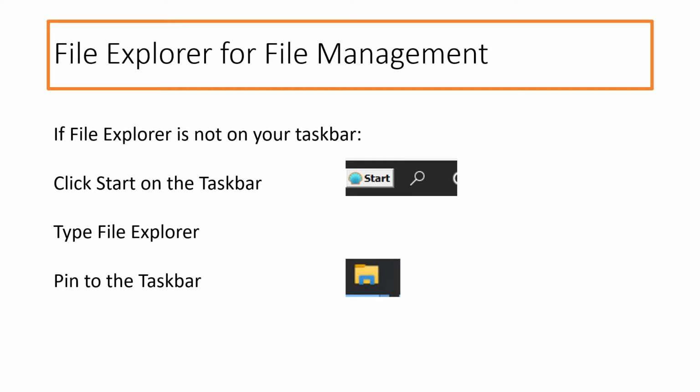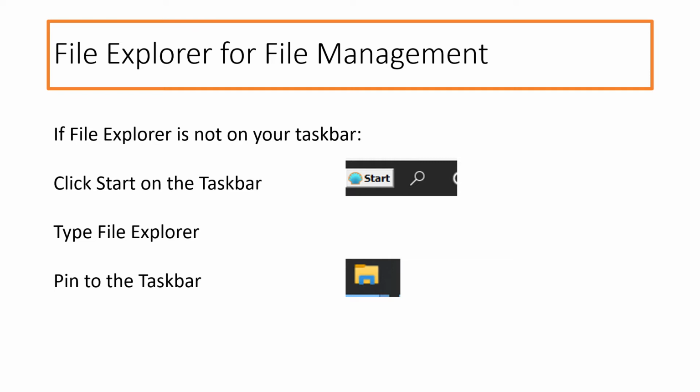File Explorer is what we will be using for file management. File Explorer is a program that comes with Windows 10. We're using Windows 10 at COS. And if File Explorer is not on your taskbar at the bottom of your screen when you are in Windows, go ahead and click on your Start button and type File Explorer, and you should see a list of programs.